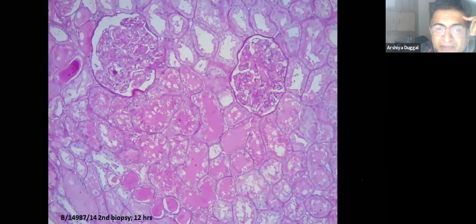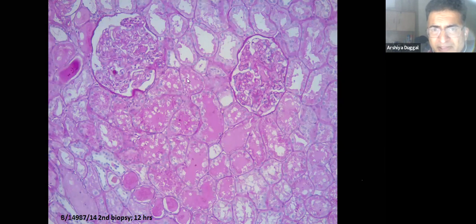A second biopsy was done 12 hours later because the creatinine was rising. The second biopsy shows ATN, which was very mild at first. On the upper side you can see these tubules which are preserved, but in this area there is significant tubular necrosis.